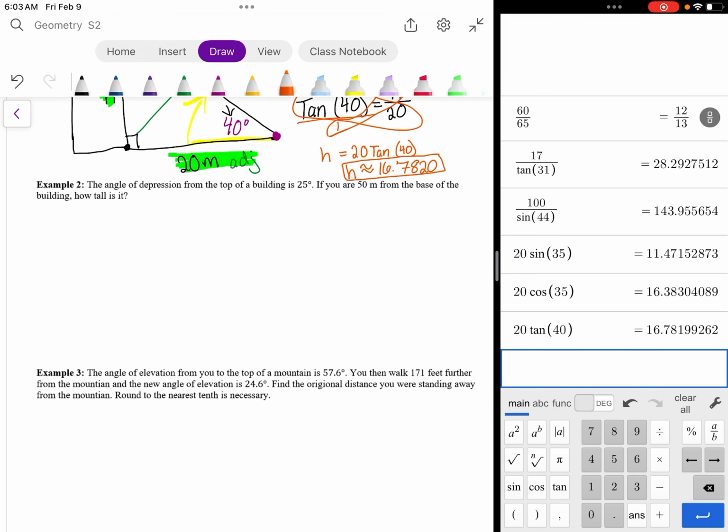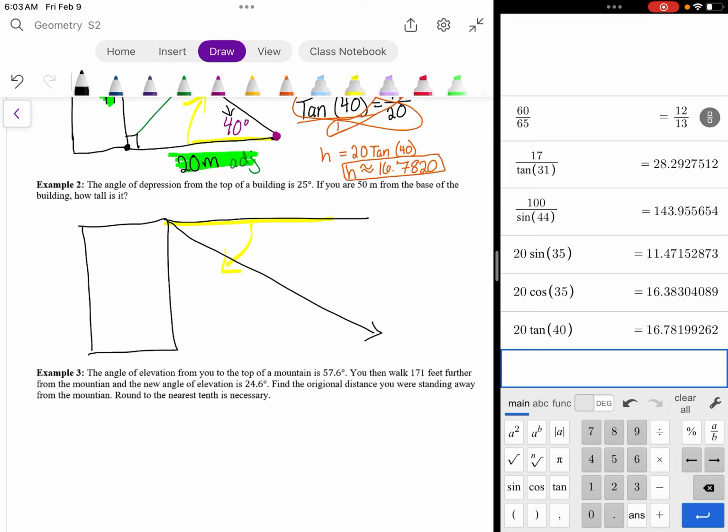The next one, the angle of depression from the top of a building. So we're going to draw a building, and they're talking about angle of depression, and that is from a horizontal line looking down. That angle is 25 degrees. If you are 50 meters from the base of the building, how tall is it?